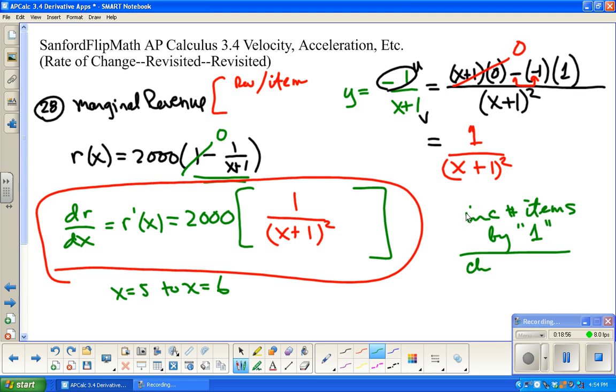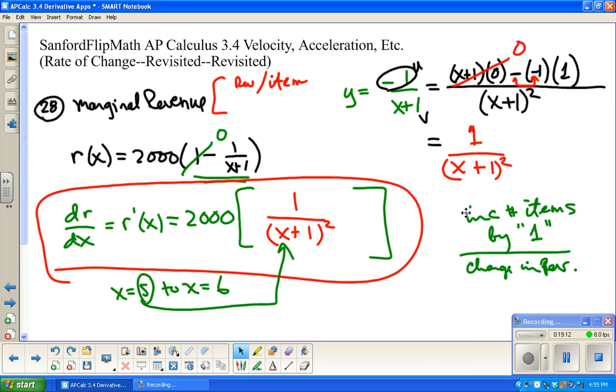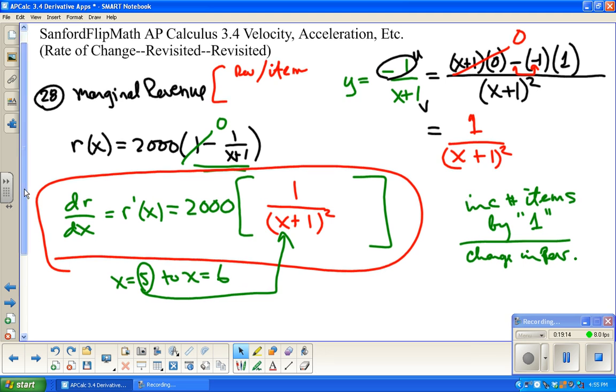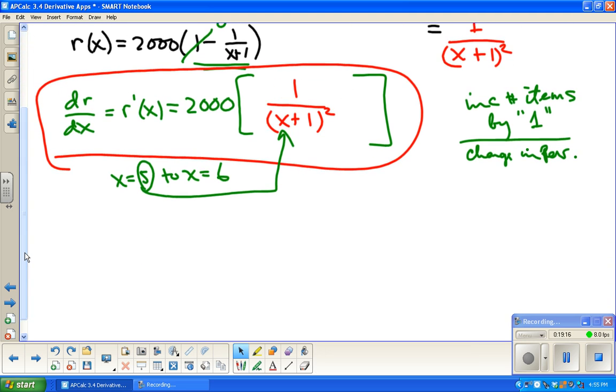this tells us what the change in revenue is. That's what rate of change is in this case. So all I'm going to do is take that 5 and stick it in there. This gives me an estimate of how much the revenue changes when we go from 5 to 6. That 6 is implied by the little plus 1 in there.